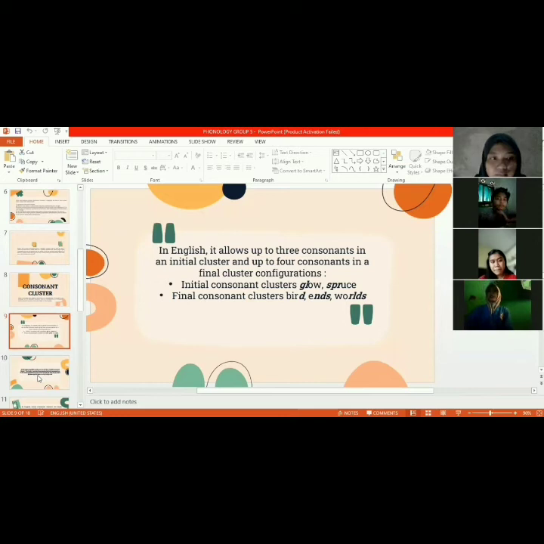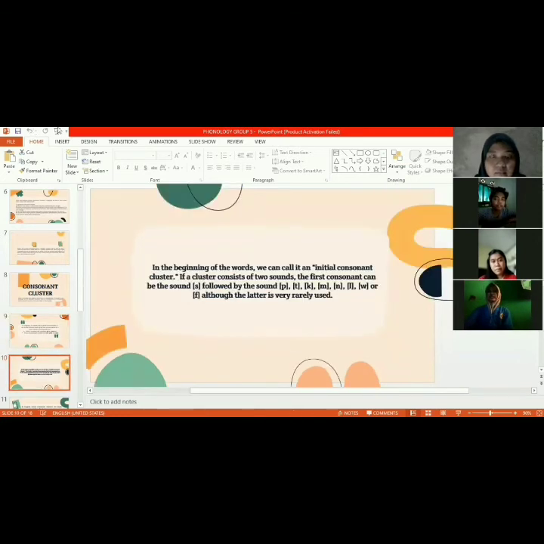So, what is consonant cluster? In the beginning of the words, we can call it an initial consonant cluster.